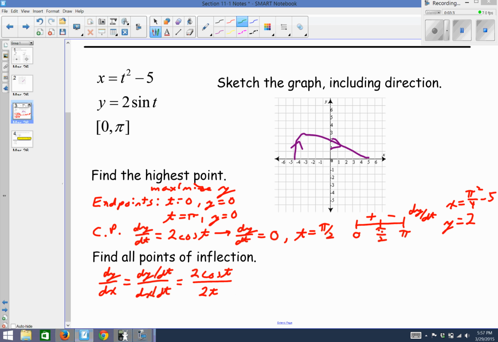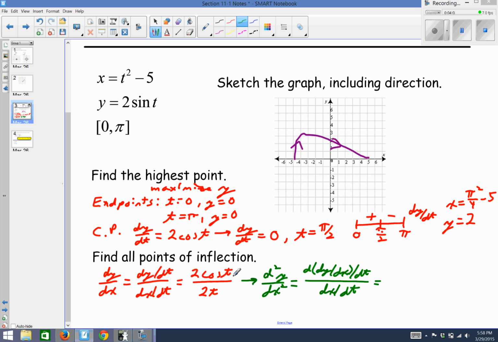Well, again, that's my dy dx. I need d squared y dx squared for concavity, which is what I need to see where it changes. And so for this, I would take my derivative of dy dx with respect to t over dx dt.